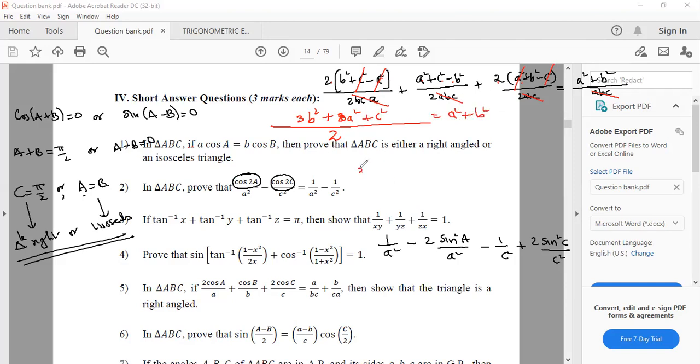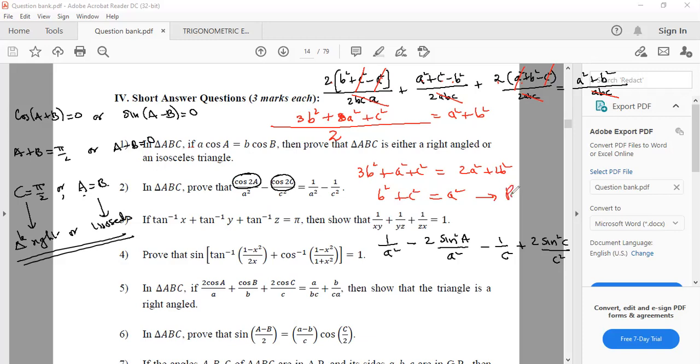Now cross multiply. So b square equal to c square. So 2b square, B square plus c square equal to a square. So b square plus c square equal to a square. So what you'll say?